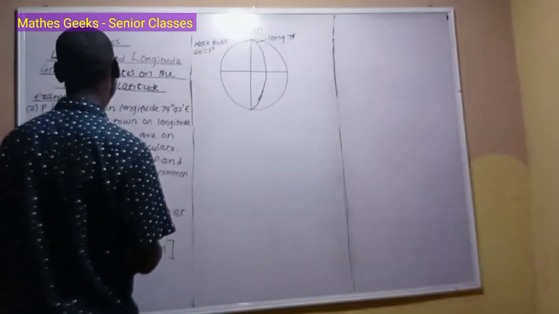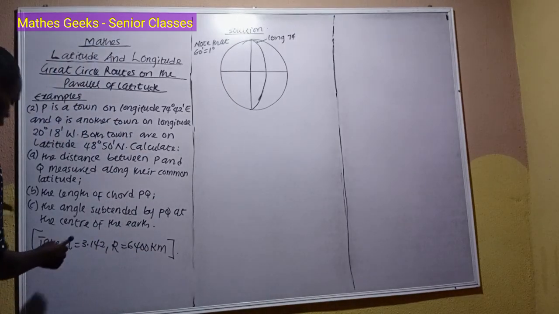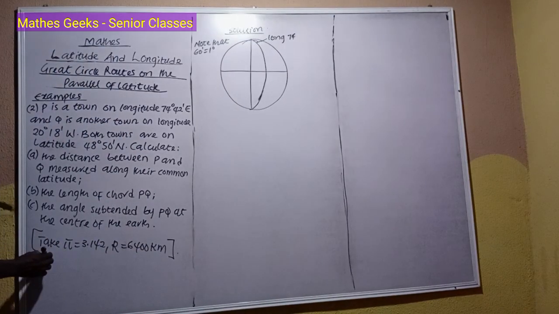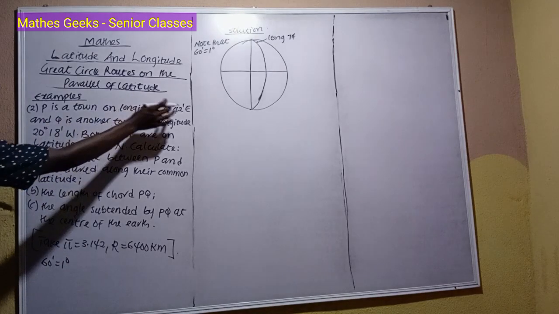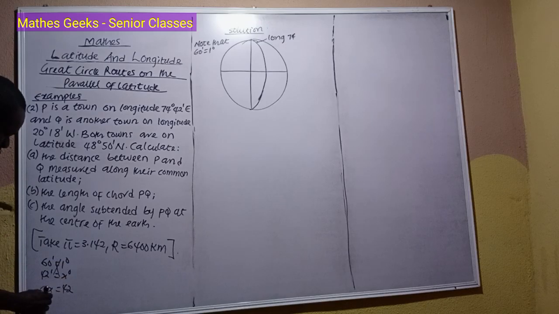If 60 minutes equals 1 degree, therefore 42 minutes is equal to x degrees. Cross multiply: 60x equals 42 times 1, so x equals 42 divided by 60.